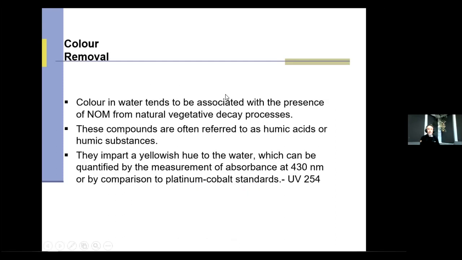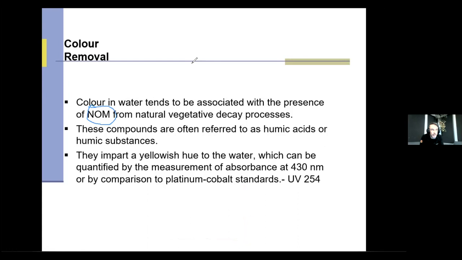We'll talk a little bit about color again. Sometimes what we see is the letters NOM right here. Color tends to be associated with the presence of NOM, and that's basically natural organic matter.